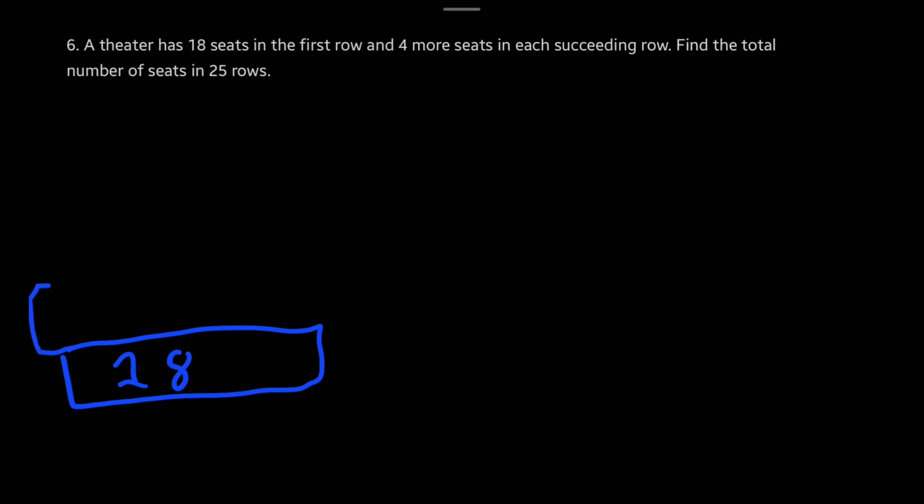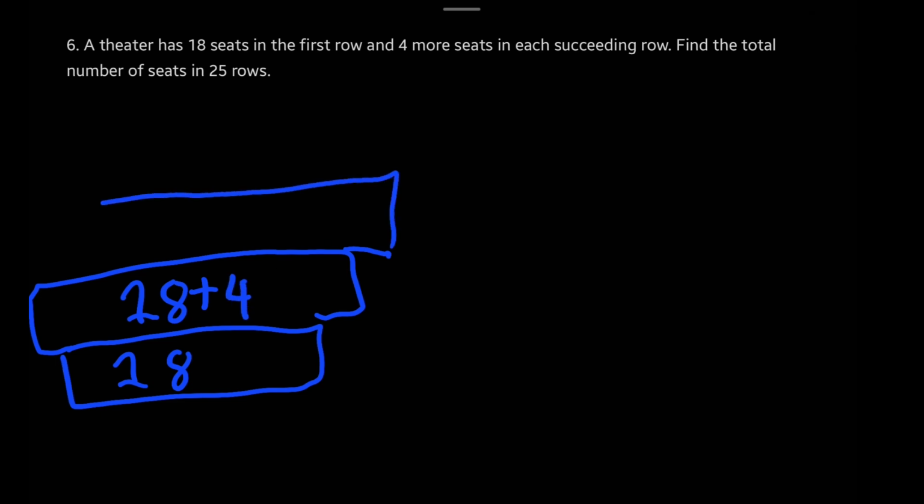So we have 18 plus 4, then 18 plus 8, and so on until the 25th one.